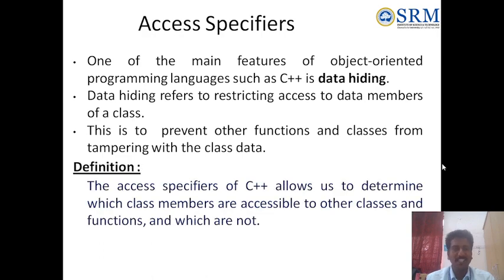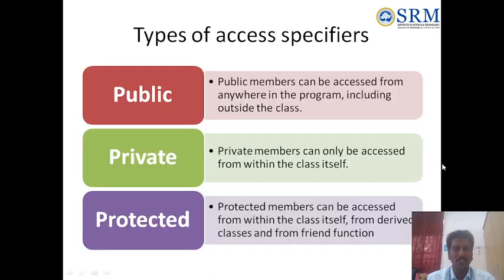Let's define the access specifier. The access specifier of C++ allows us to determine which class members are accessible to other classes and functions and which are not. There are three types of access specifiers in C++: public, private, and protected. Members declared under the public access specifier can be accessed from anywhere in the program, including outside the class.